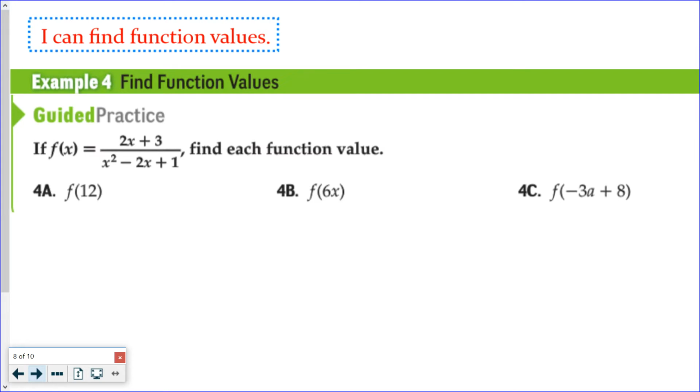All right, and now we can find function values. So hopefully you remember from Algebra 2, to evaluate f of 12, that just means plug in 12 everywhere you see x in your function.